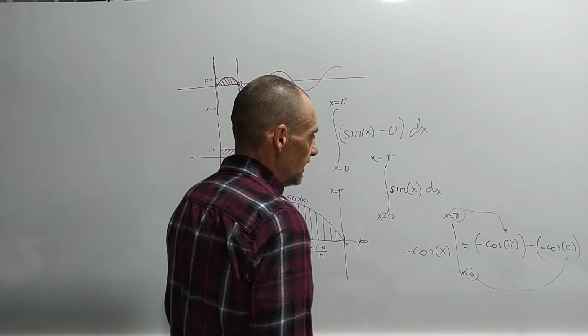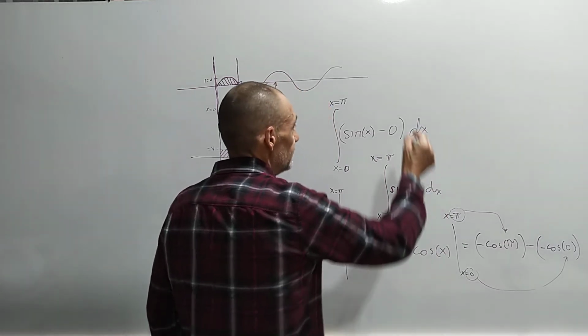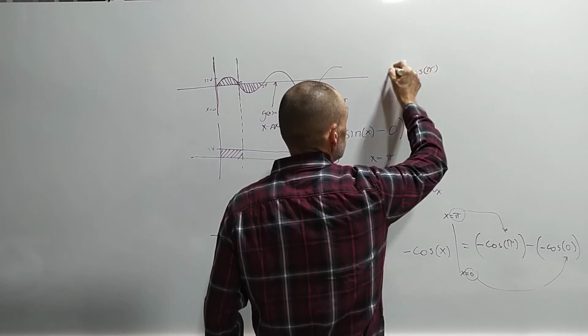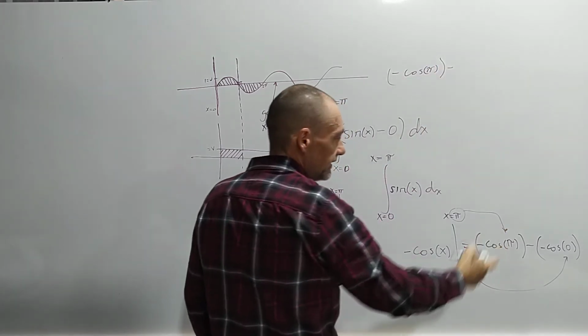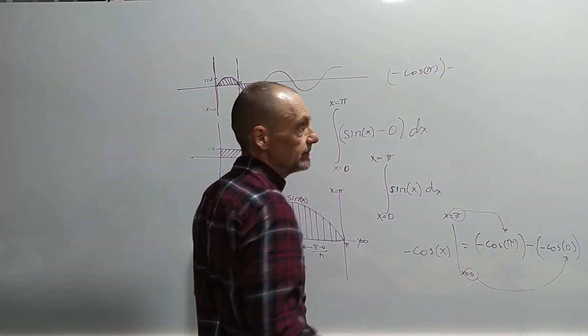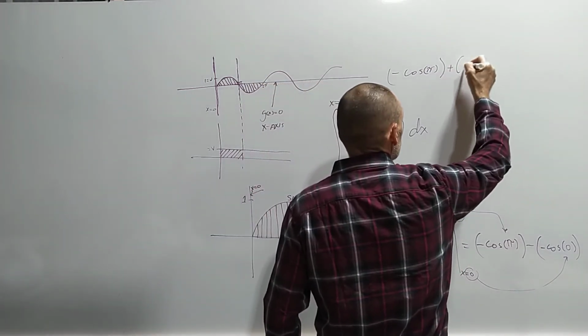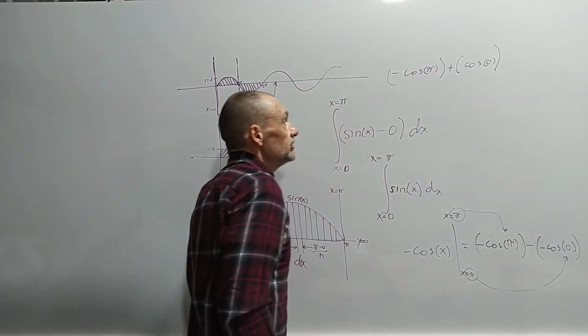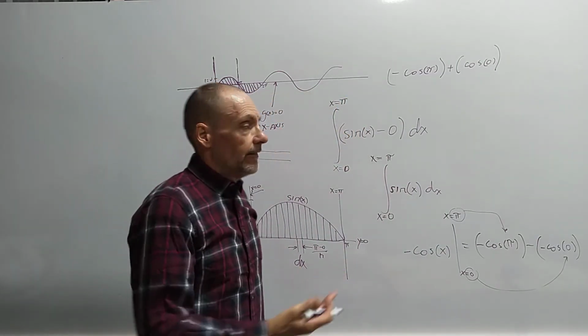All right, so let's look at that. So we've got negative cosine pi minus negative. Well, minus negative is positive, right? Positive cosine of 0. So here we are again with the unit circle.